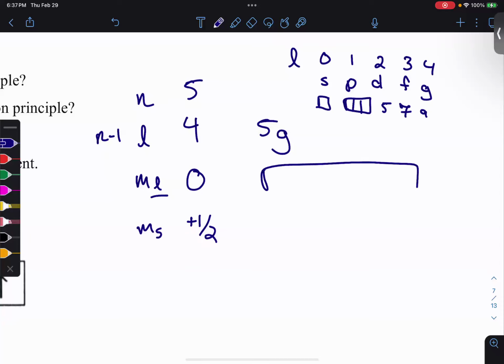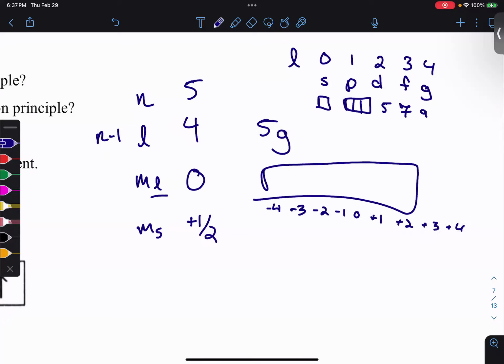Because the number of boxes is all of the integers between -L and +L and 0 in between. So the possible things are going to be -4, -3, -2, -1, 0, +1, +2, +3, +4. So there has to be a box for each and every one of those. So I'm saying, oh, you're putting an electron right there. And is that allowed? Yeah, it is.